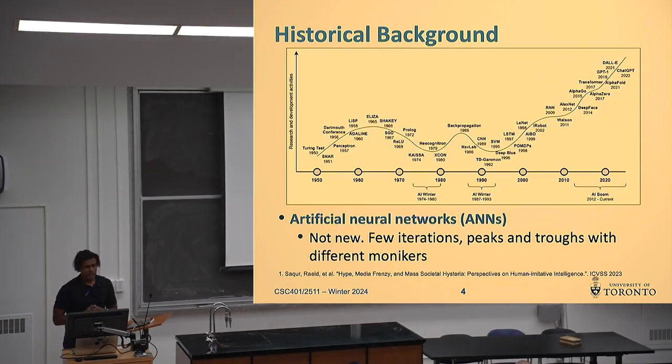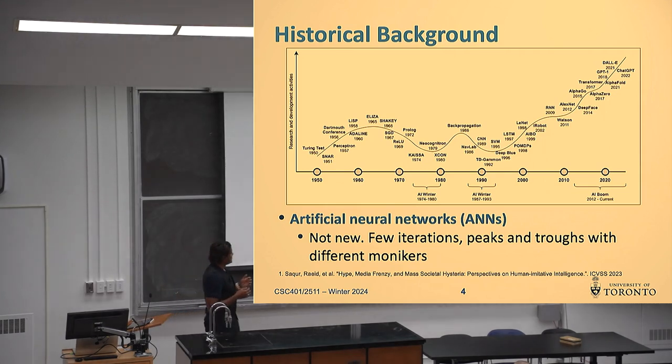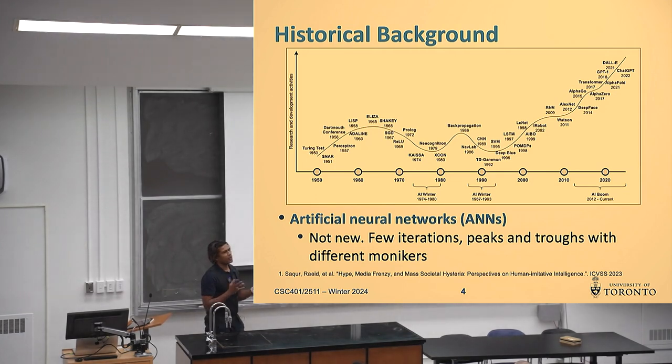This year I wanted to give a brief historical background before I get started on neural language models. As you can see in the diagram, or as you already know, what we're going to talk about is nothing new. It's been there for a while, with different monikers over the years. If any of you are interested in ML history, on the course website there is a Lighthill report that you can read.